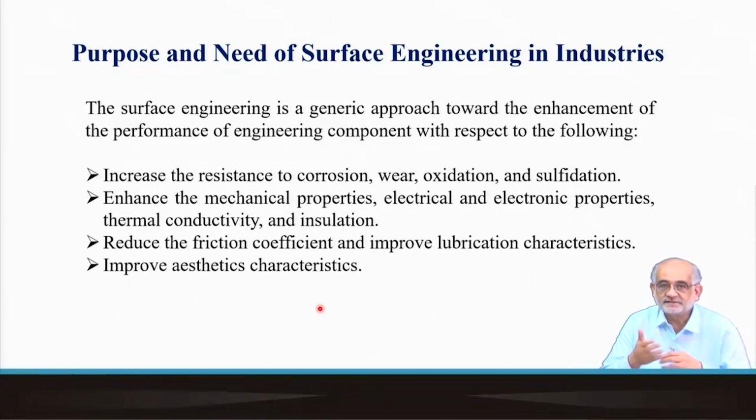I can change the composition as well as the microstructure. And as a result, the objective is to improve the surface properties from the pristine form. So that means I can protect the surfaces and the bulk better than what was possible before. So that conveys the major objective.